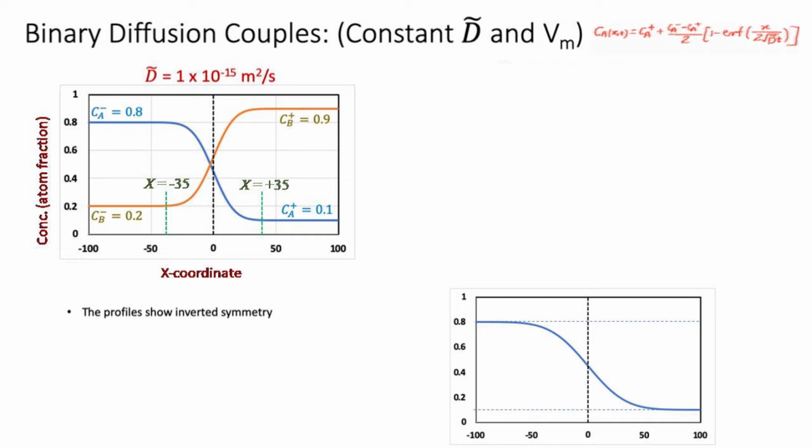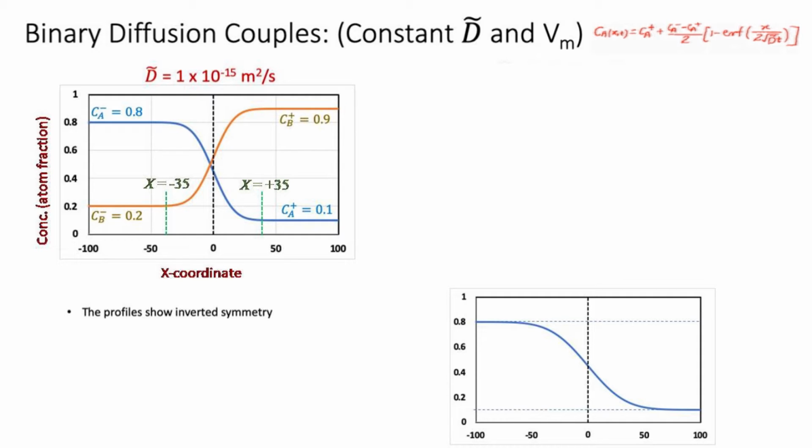So, in this case, to get this inverted symmetry, I have to make C A plus equal to 0, and you can see between C A minus and C A plus this symmetry can be seen, and it is obvious from the kind of solution that we get for constant interdiffusion coefficients.